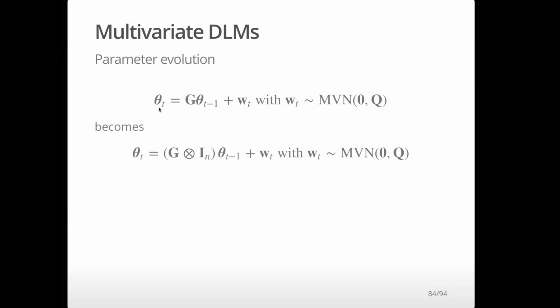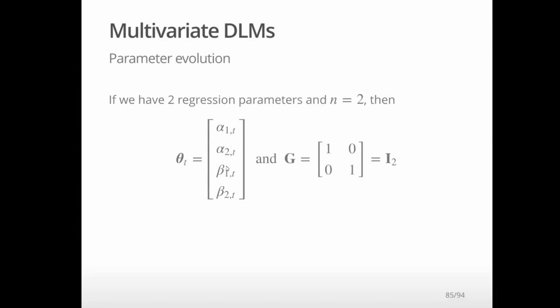Now we need to deal with this evolution of the parameters. And in our univariate case, univariate response, the parameters were still a vector, right? We had an alpha and a beta in here, an alpha and a beta in here. In one, we even had some gammas for quarterly effects, and we had this kind of funny G matrix to pick out the correct quarter.